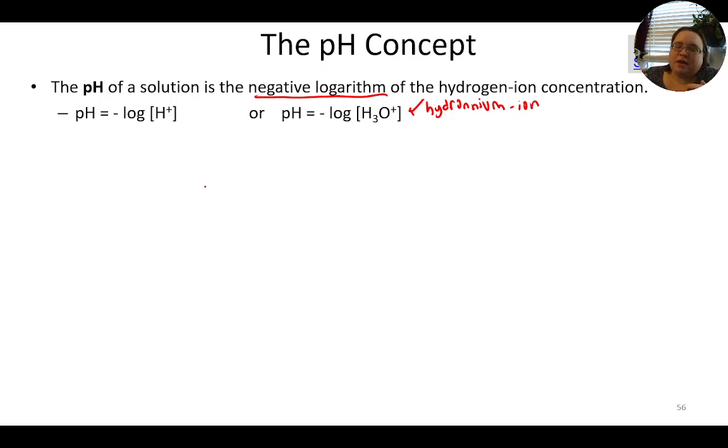So, not that we need to get into a lot of the math of what logs are and how they work. The real big picture that we need to know for chemistry is we're hitting the log button on the calculator. And because it's the negative log, you have to remember to hit the negative button before you type the log.